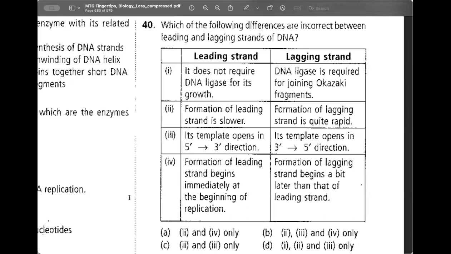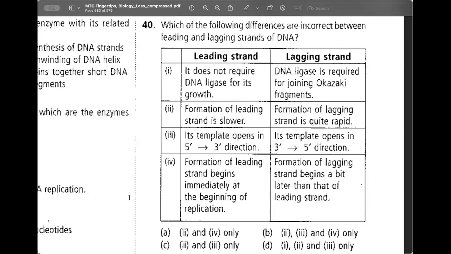The option 3, if you see option 3, it talks about the template. About leading strand, it says its template opens in 5 prime to 3 prime direction.